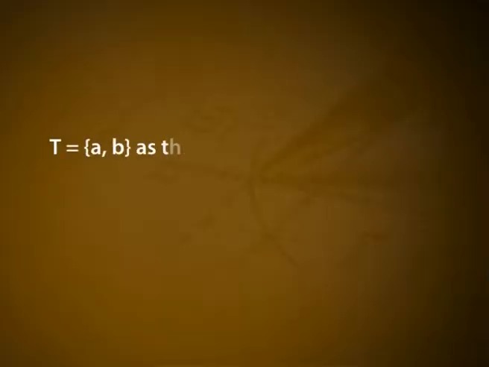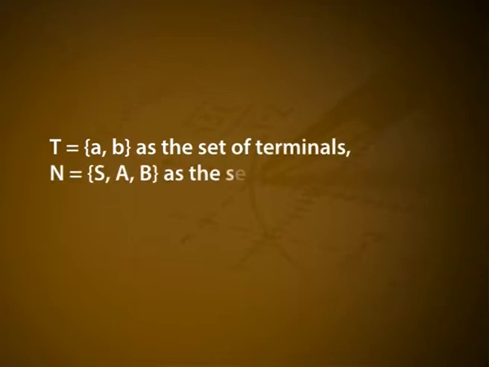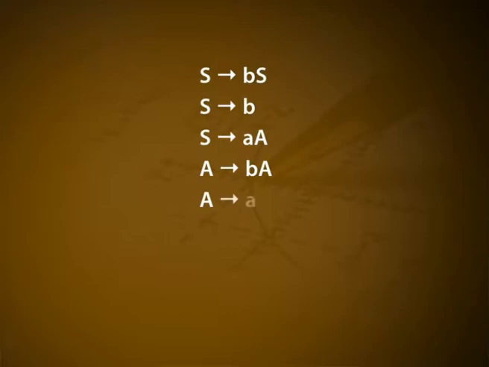Take T = {a, b} as the set of terminals, N = {S, A, B} as the set of non-terminals, S being the starting symbol, and the following as the set of productions: S → BS, S → B, S → AA, A → BA, A → AB, B → BB, B → AS, B → A.